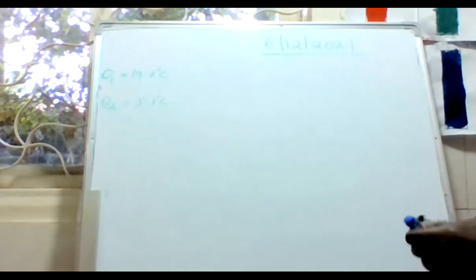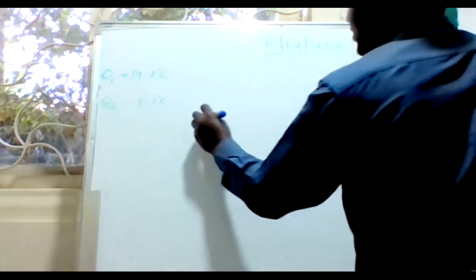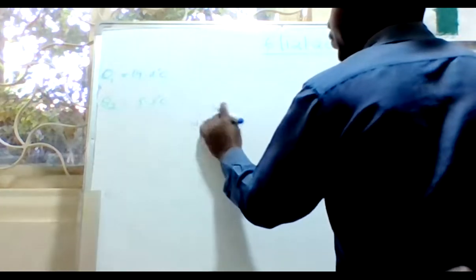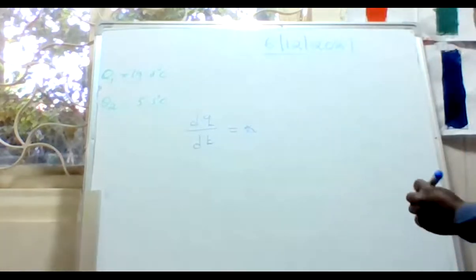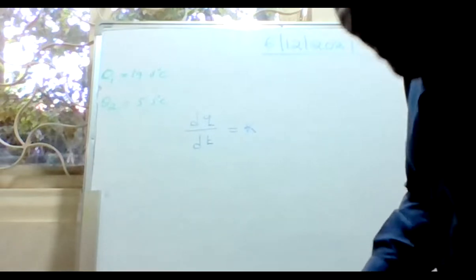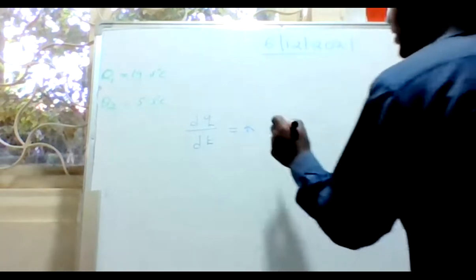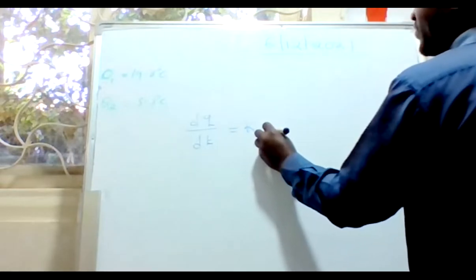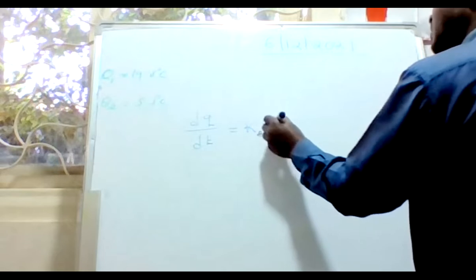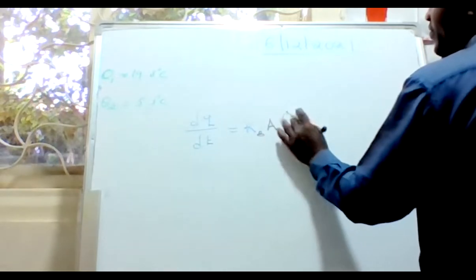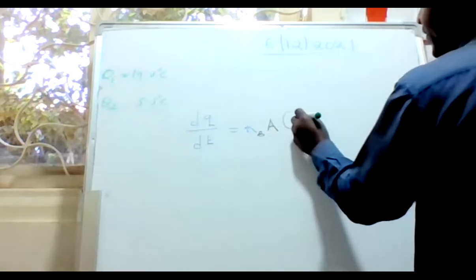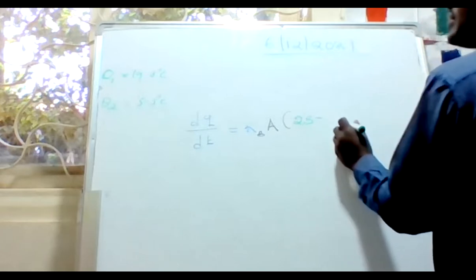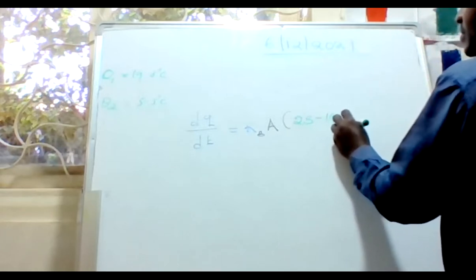So that's what I have. Now I can try to compare. dQ/dt is equal to k of the brick times the area, times the bracket theta, which is 25 minus theta 1, which is 19.5.